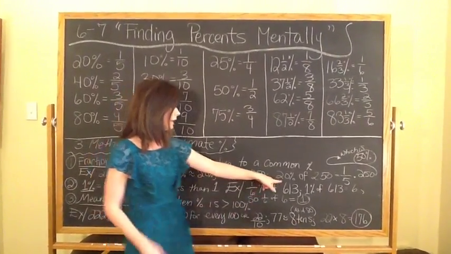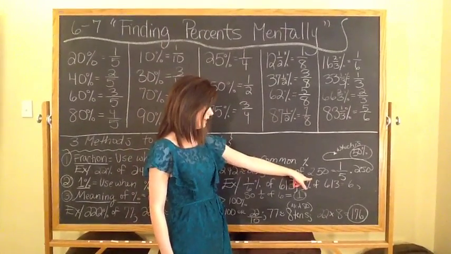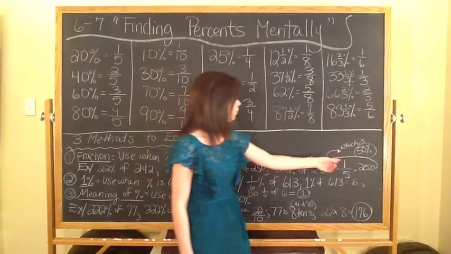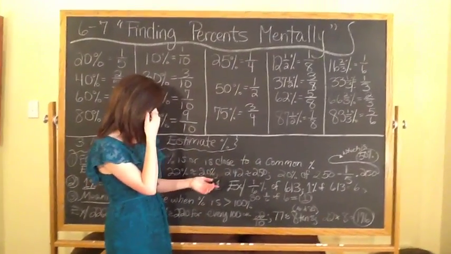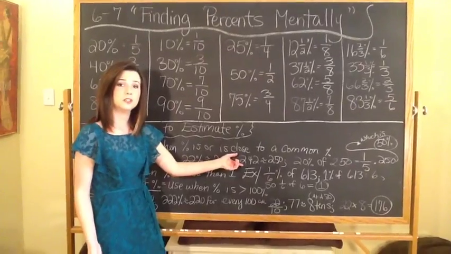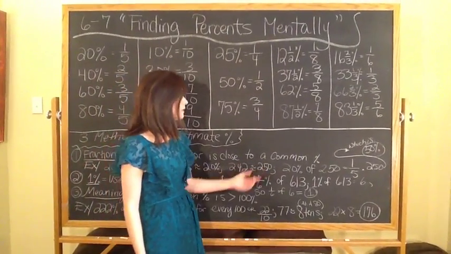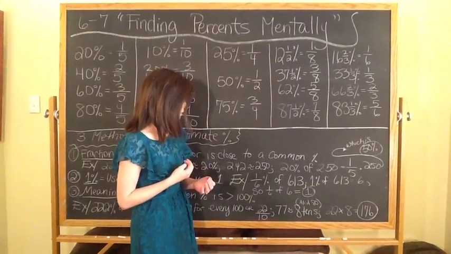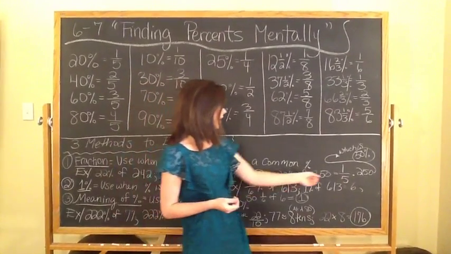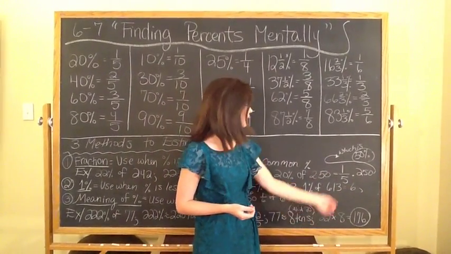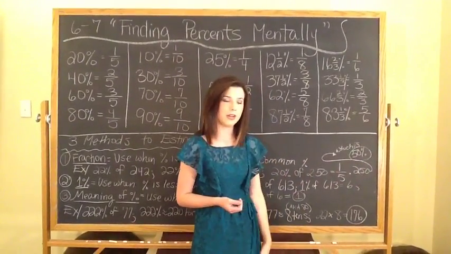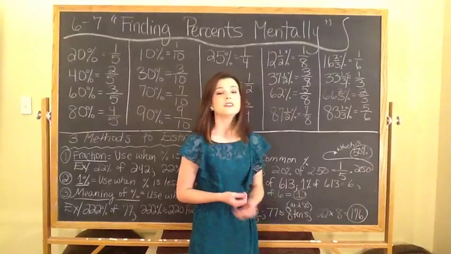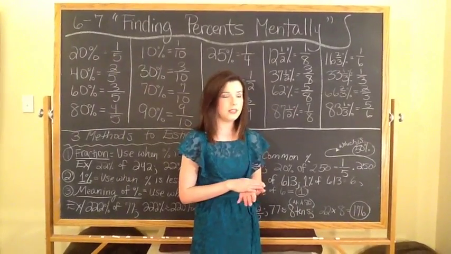So finding 20% of 250 is the same as doing 1/5 times 250. You might be thinking, why did we bother rounding 242 to 250? The reason is that it's pretty close, so we can simplify easily. If you did 1/5 times 250, you divide by 5 and you have your answer, which is 50. So that is one way of doing it.